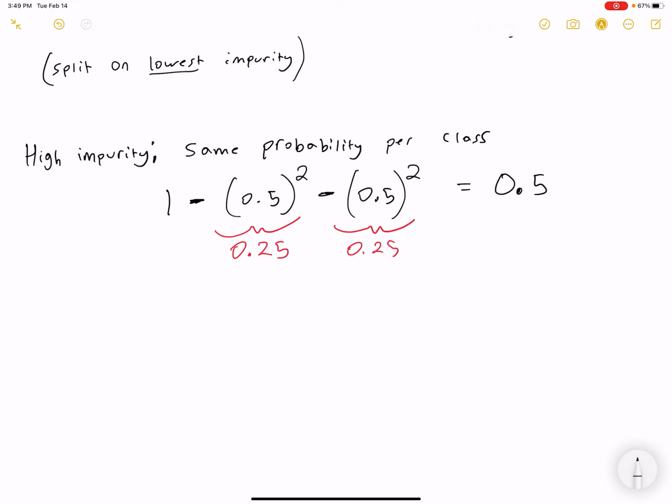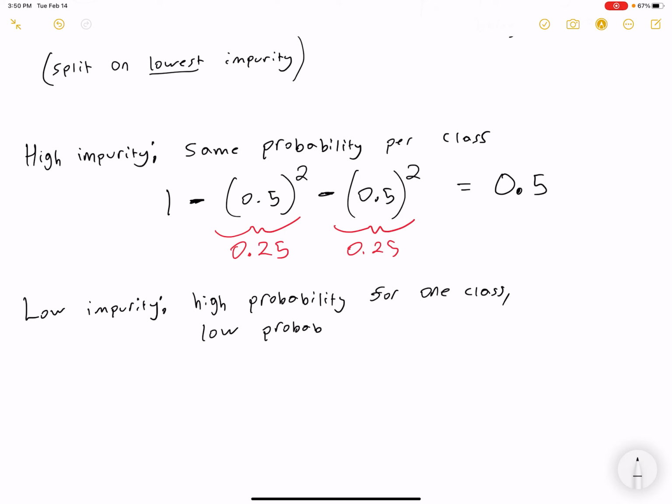So let's contrast this with low impurity so we can see how this metric behaves differently. A low impurity situation would mean having high probability for one class and a low probability for the other.